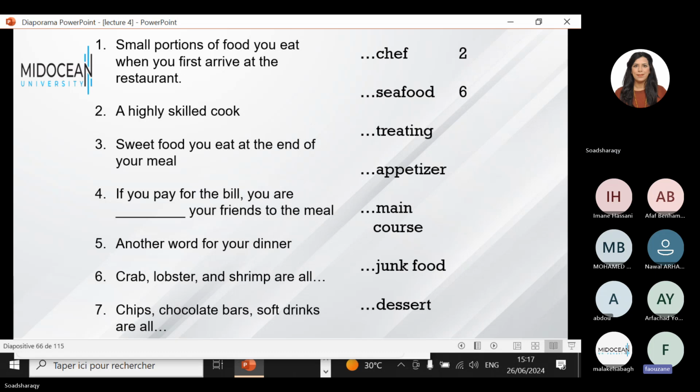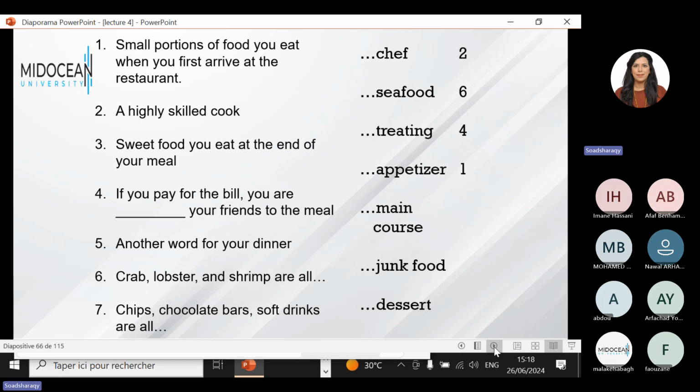Another word for your dinner. Seafood. You have main course or junk food.